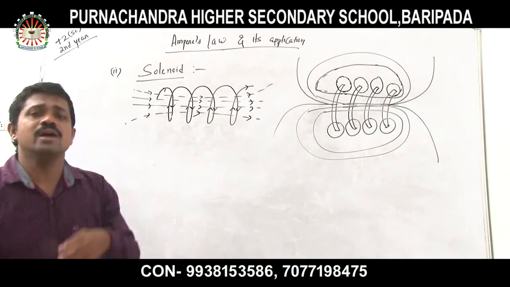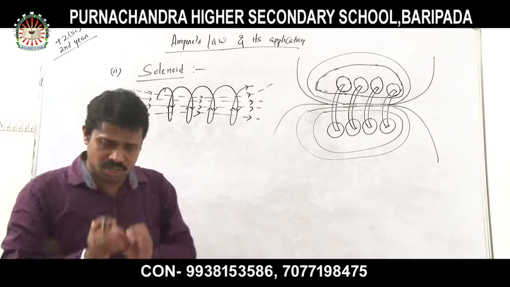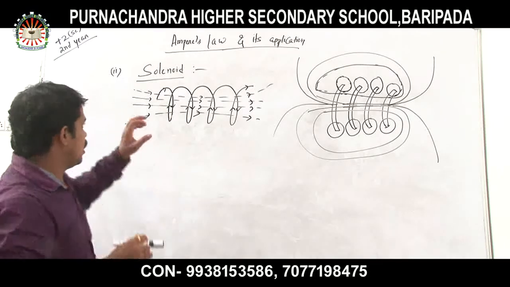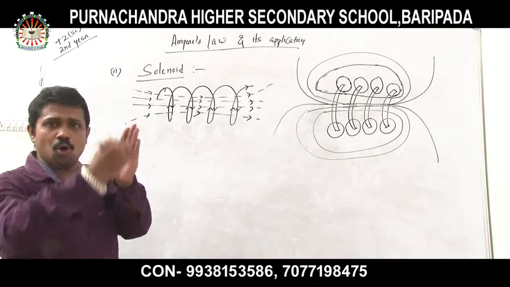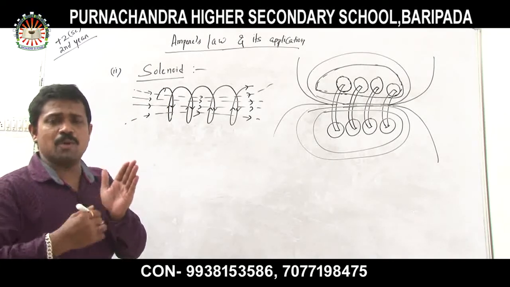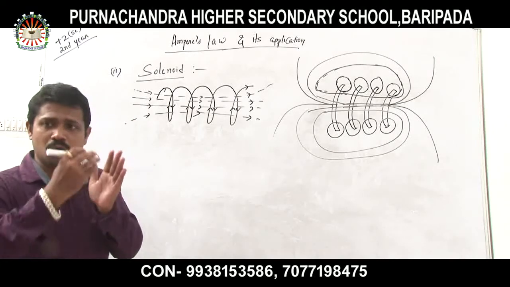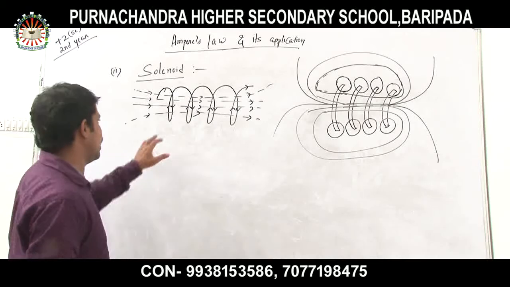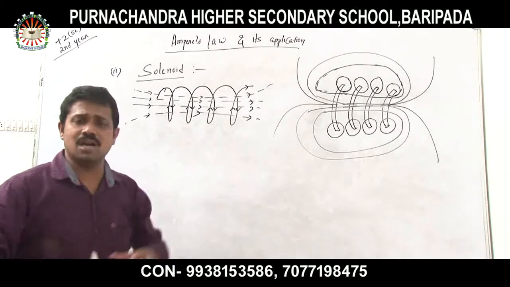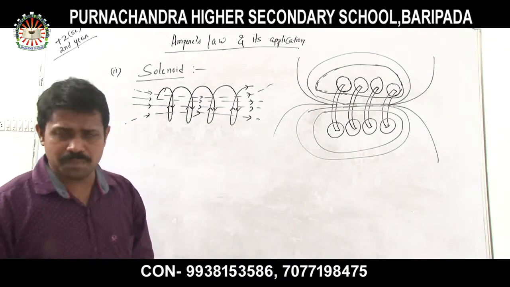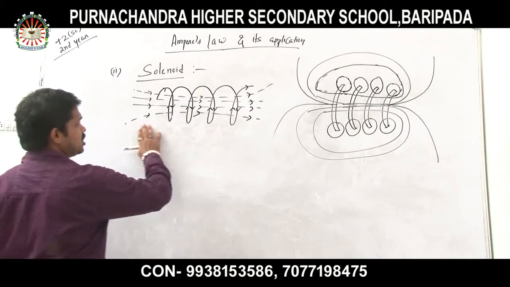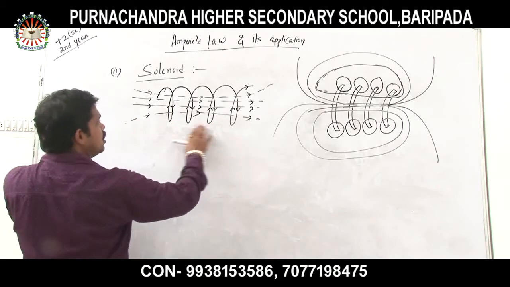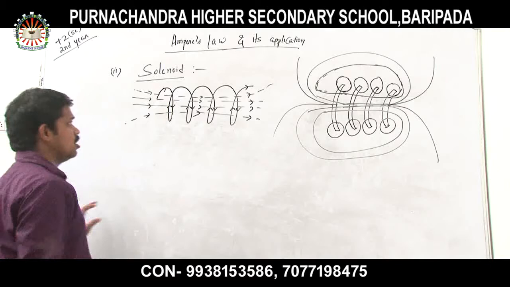A solenoid is nothing but a helical structure in which an insulated wire is closely wound over a surface. Which type of surface? The cylindrical surface. Clear? So that's why you will find this type of structural representation for a solenoid.